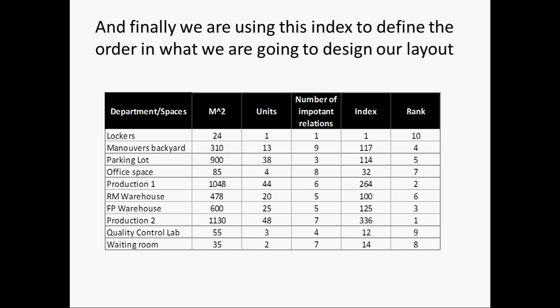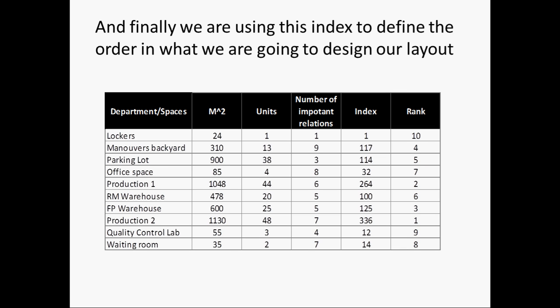This shows that the first department in terms of importance is going to be production 2, because it has the upper index, that is 336. Then we are going to put in the layout production 1, because it has rank number 2. Then the final product warehouse, and so on.